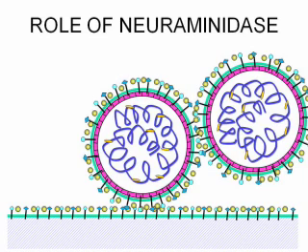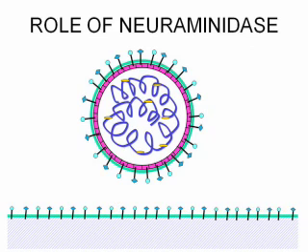It's part of one of these external proteins. It will remove all the sialic acid on the virus, and it will remove all the sialic acid on the cell. So instead of sticking to the cell or to its fellows, you remove all the sialic acid, and now this virus can float away.